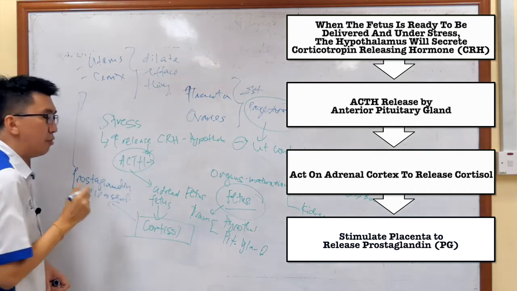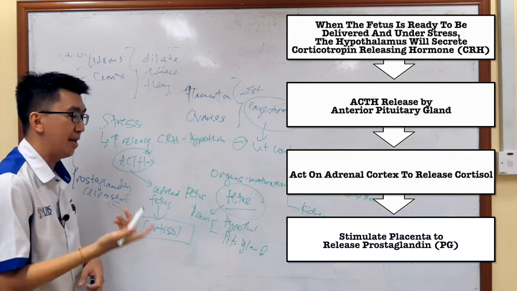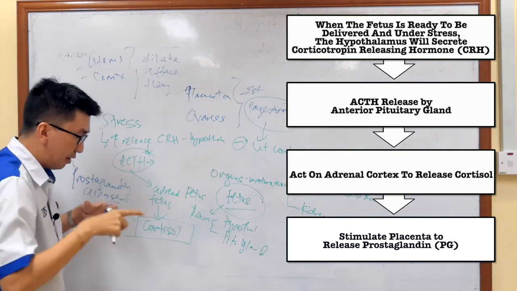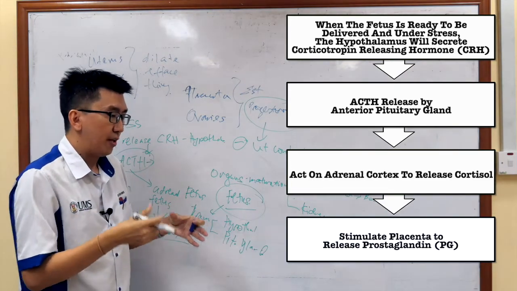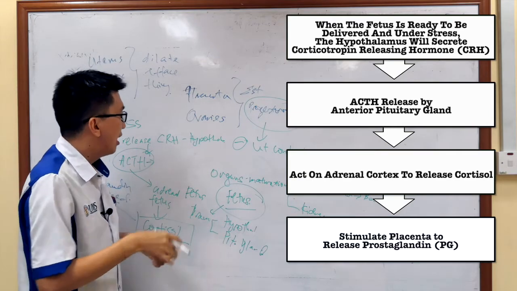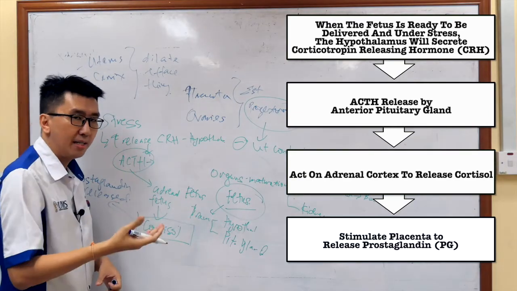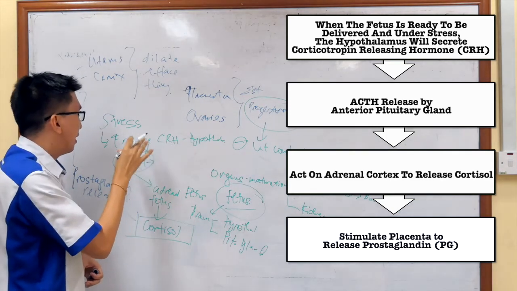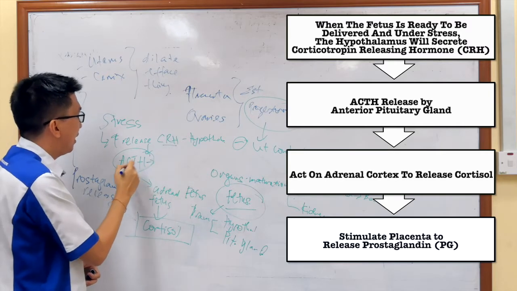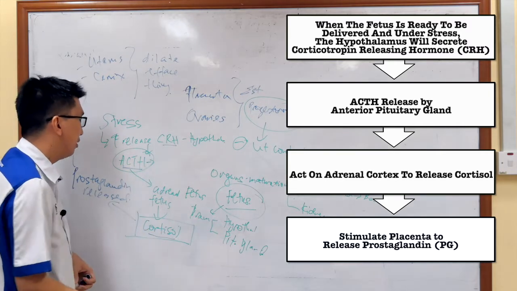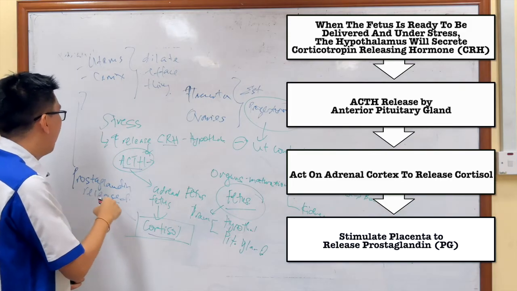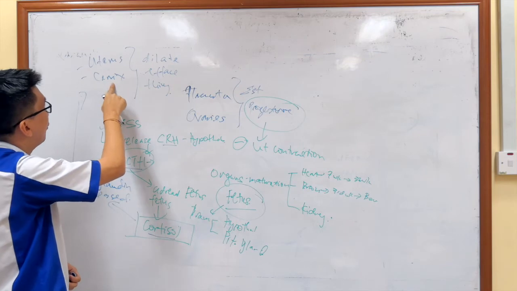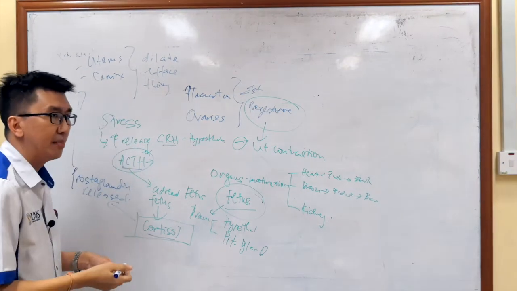This is a very important role of the fetus in labor. When the fetus is big enough inside the uterine cavity, it pushes into the cervix and also the uterus. It will cause a release of CRH, ACTH, and finally cortisol, which will further increase the release of prostaglandin. This will cause increased uterine contraction, cervical dilatation, effacement, and thinning.